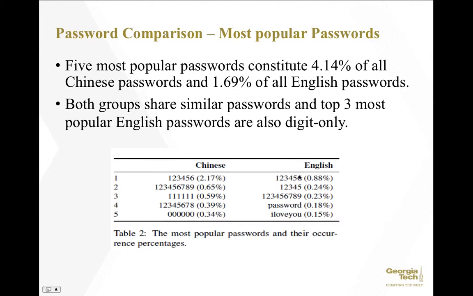And for English, the top 3 are digits only, and they share some common passwords, like the first one, 1, 2, 3, 4, 5, 6, and also the second one, 1, 2, 3, 4, 5, 6, 7, 8. You can see both Chinese and English users use some very simple passwords.